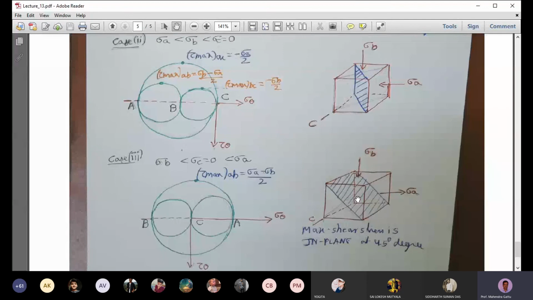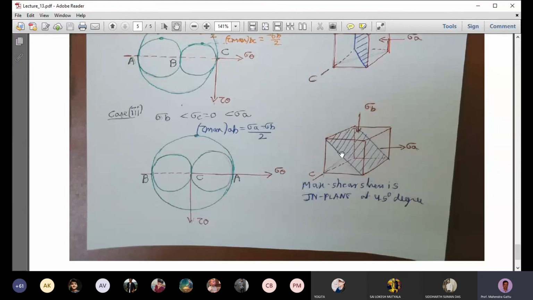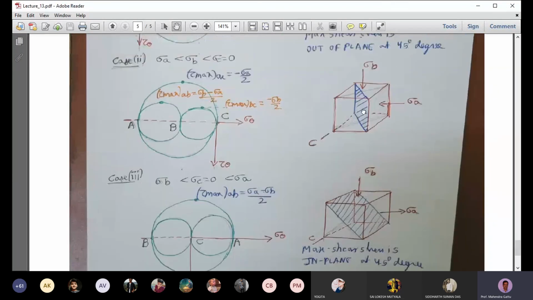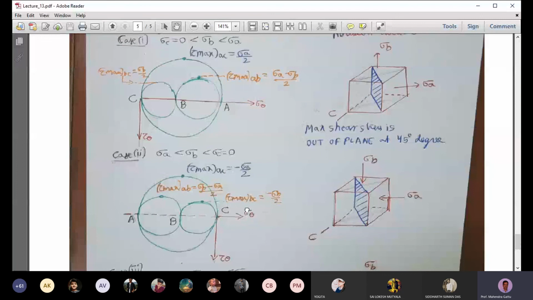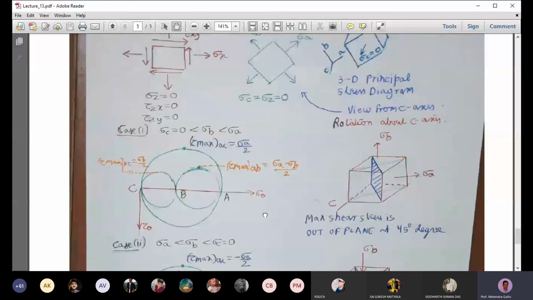This is a very important thing, because when we discuss stresses in cylindrical pressure vessels, we will find that the out of plane shear stress is maximum, and the in plane shear stress is lesser than the out of plane shear stress. That's why we need to understand this concept.